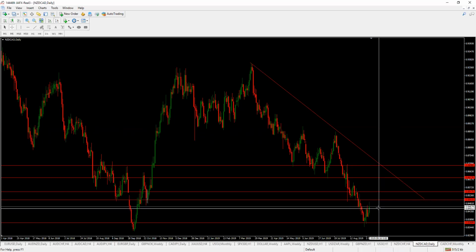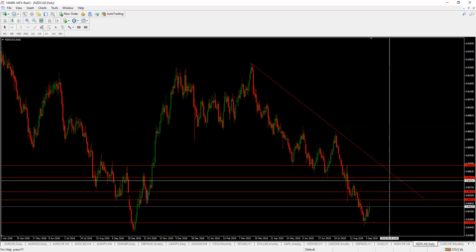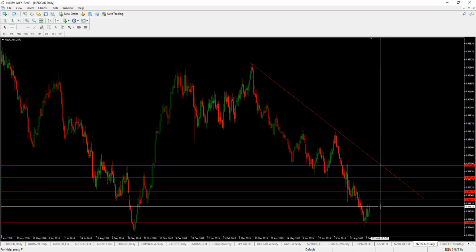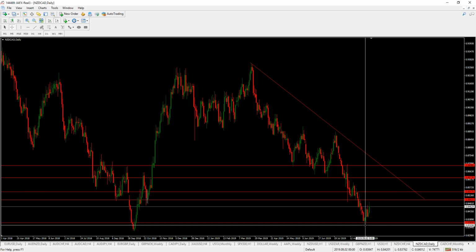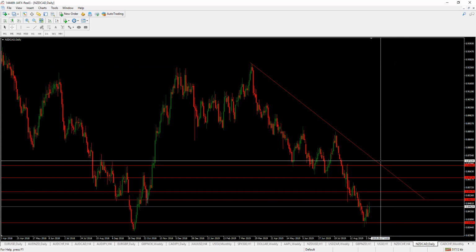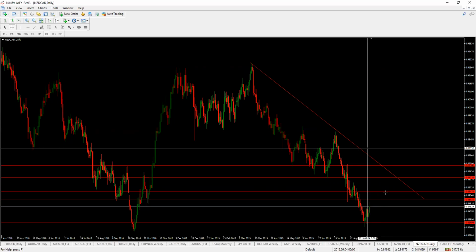Also, if you're up 20 pips, put your stop loss at even and just let it ride, right? Don't stress yourself at all when it comes to trading. You can scalp, yes, but if you know this is going to go bullish and you're experiencing a pullback, you can move your stop loss. That's fine, but move it when you're in profit, so it's stress free, right?